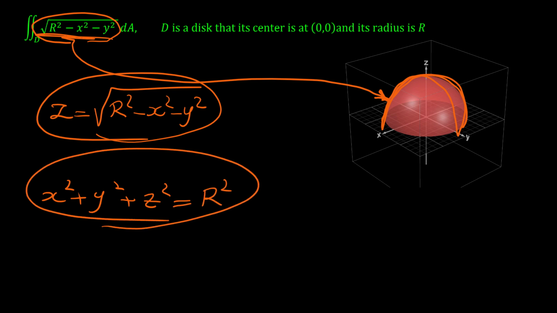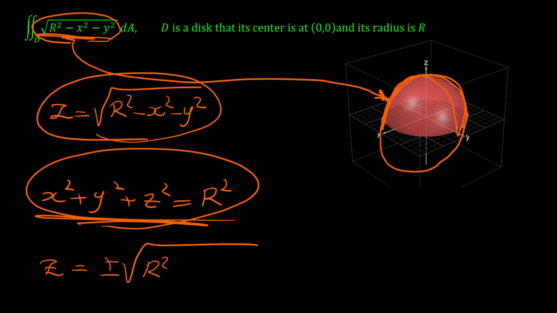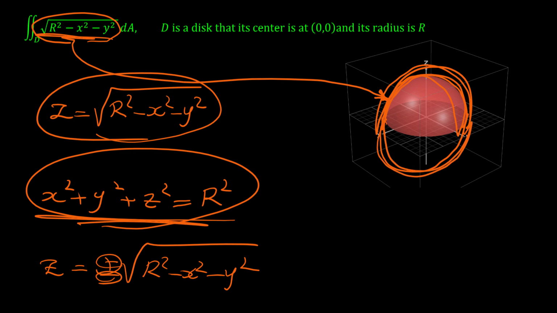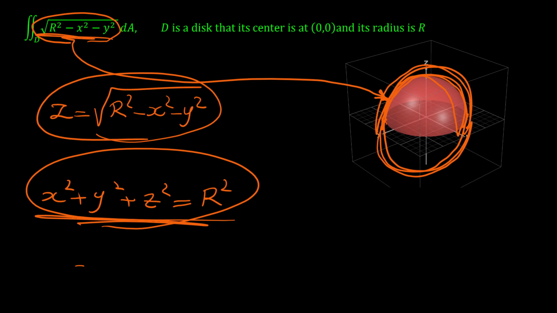You know that this shows a complete sphere. If we solve this equation for z, we get two equations, plus minus radical r to the 2 minus x to the 2 minus y to the 2. The plus is the upper part of the sphere, the minus is the lower part of the sphere. So this surface is a sphere.